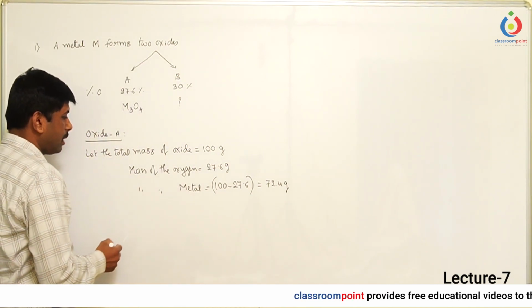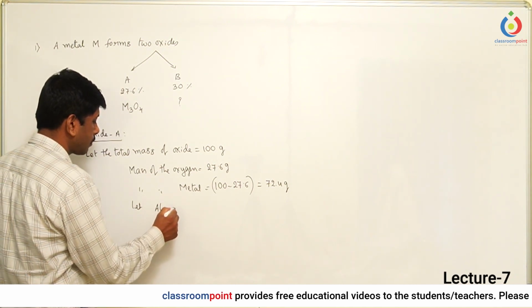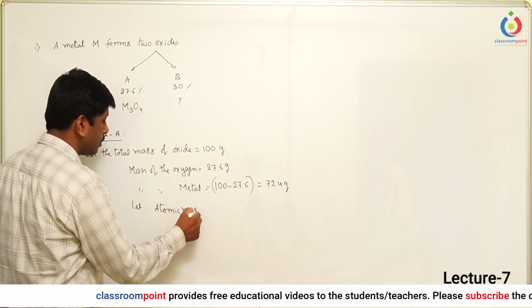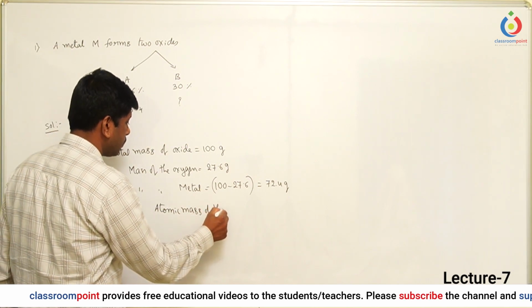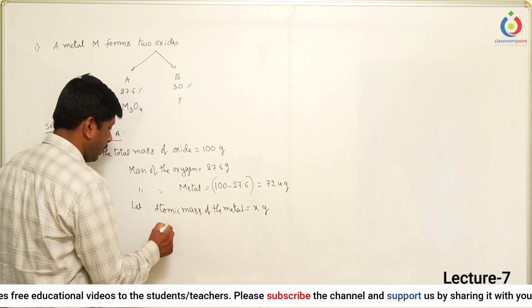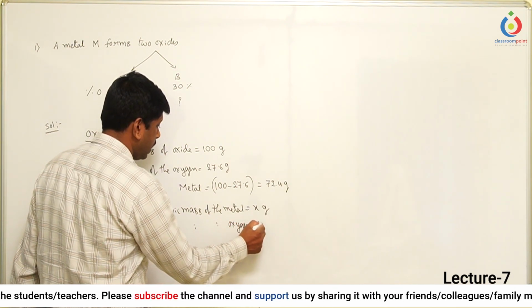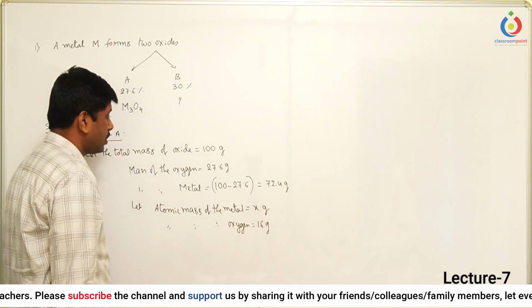We don't know the atomic mass of the metal. Let the atomic mass of the metal be X grams, whereas the atomic mass of oxygen we know already, that is 16 grams. Now let's try to solve this one.